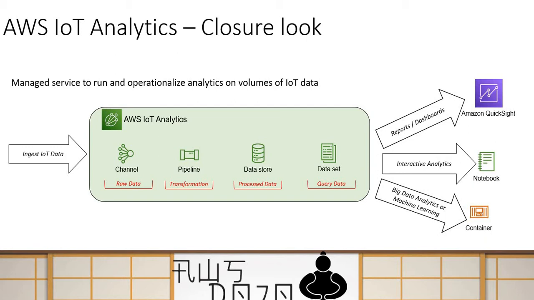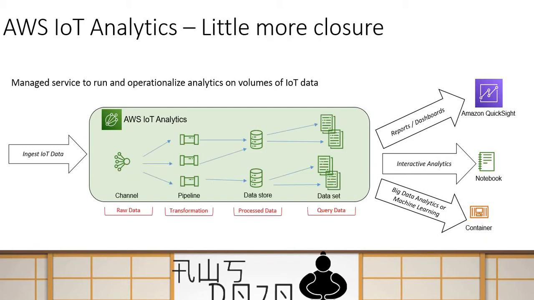So if you go a step further, in AWS IoT Analytics, from a channel which stores the raw data, you can actually configure multiple pipelines. If you want to perform different types of transformation, you can create more than one pipeline on the same channel.